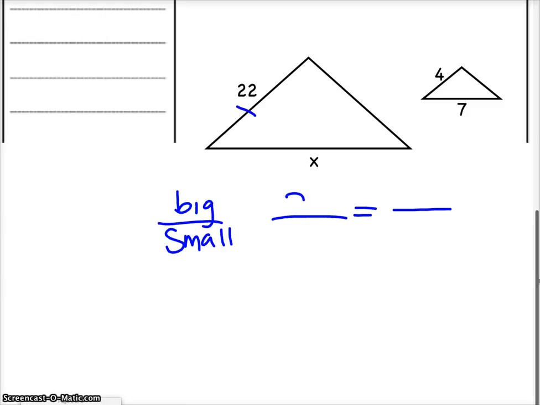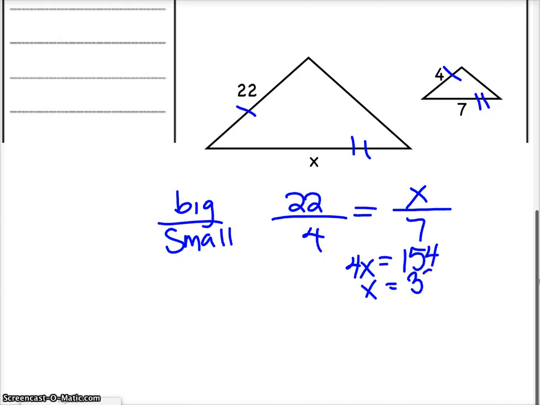So 22 is to 4 as x is to 7. Okay, so 4x equals 154. x is 38.5.